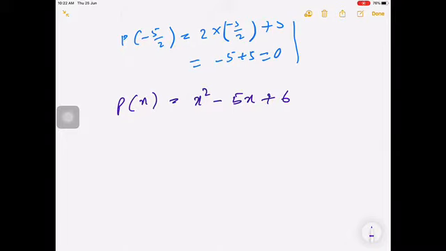Then what is the value of the 0 of this polynomial? We have to find the 0. Let us put p(1). Then what happens?